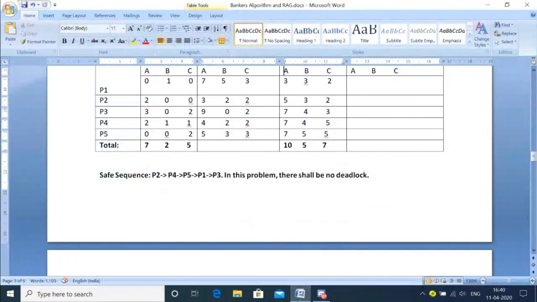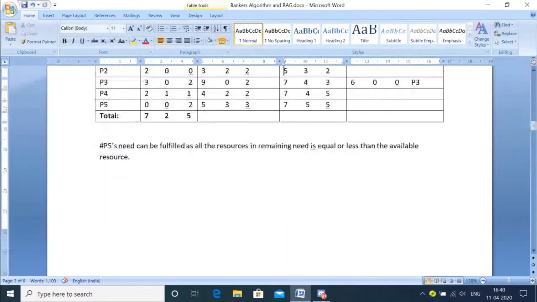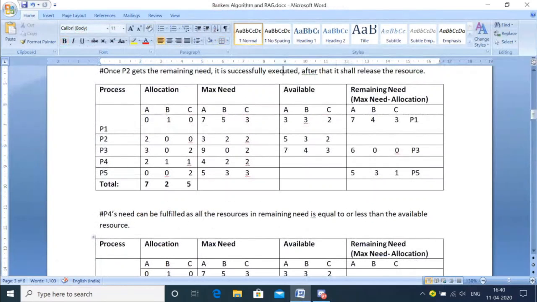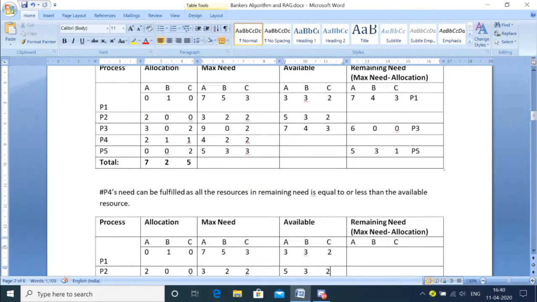Okay, let us see. Let me go above and look at this situation. My availability is this much, and I have three processes remaining, so I have to compare.